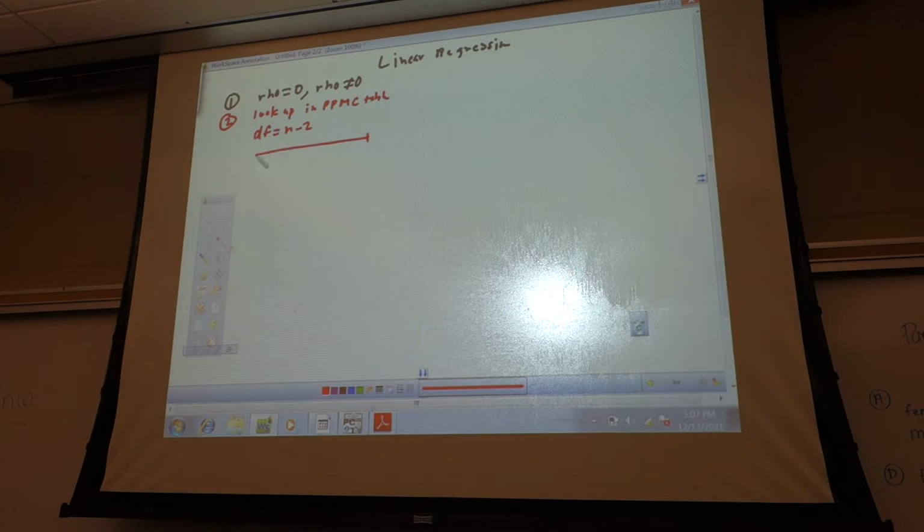That's -1, that's 1, and 0's in the middle. So our H naught, interestingly enough, is always right around 0. And then we have our shaded areas, and a critical value, and a negative critical value.